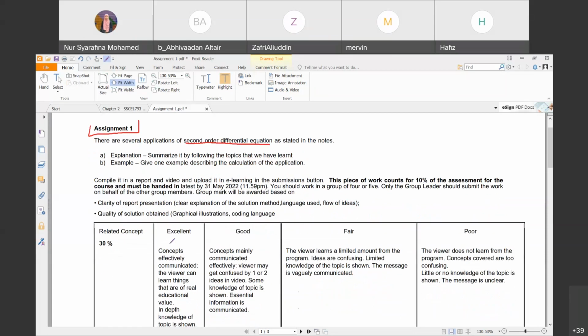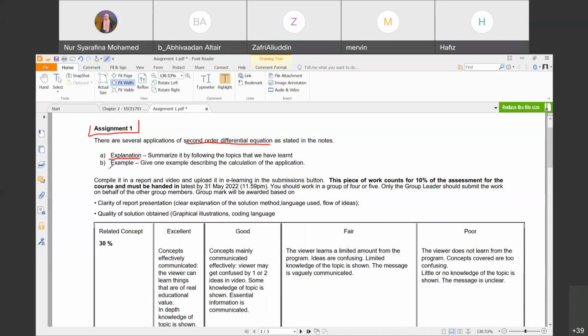So what you need to do is explain the problem that you are going to choose. Let's say you choose damped vibration. You have to summarize the topics that we have learned in terms of second order: the types of second order, what solutions are involved, and what problem you choose.